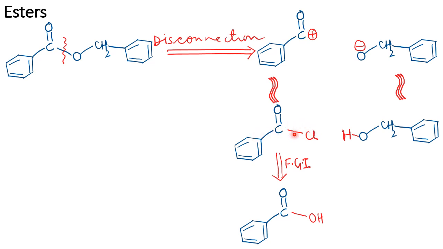So functional group interconversion, this COCl group is now converted into COOH. So now we have got our two starting compounds. One is benzoic acid and the other one is benzyl alcohol. So we can use these starting compounds and complete the synthesis of this particular ester, which is benzyl benzoate.